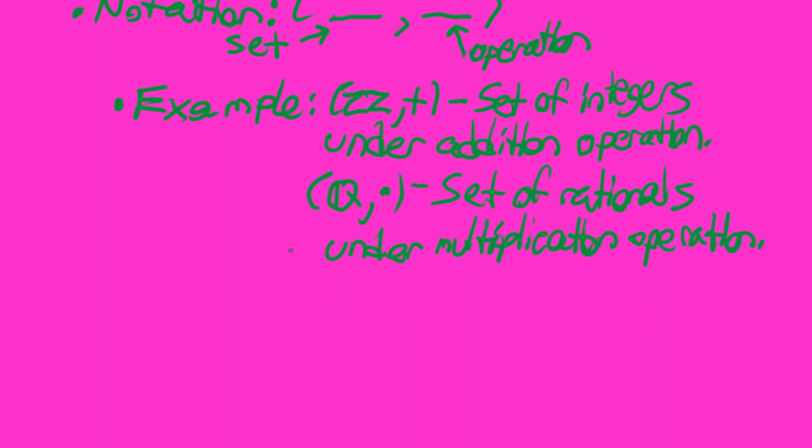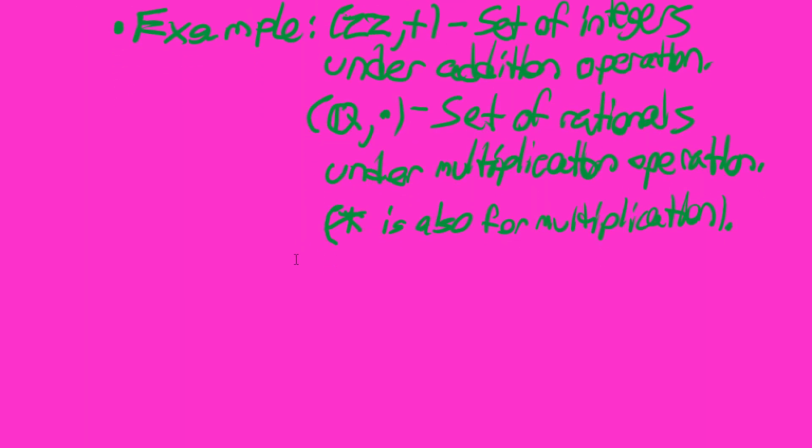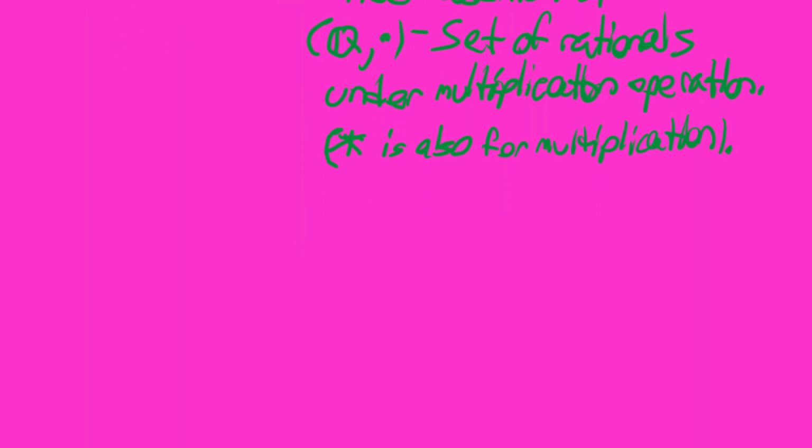And sometimes for multiplication, you may see the solid dot used, but sometimes people also use the star to represent the multiplication operation. You'll probably see both as we go throughout this course. I may use them vice versa. All right, so those are some examples of groups under a binary operation.